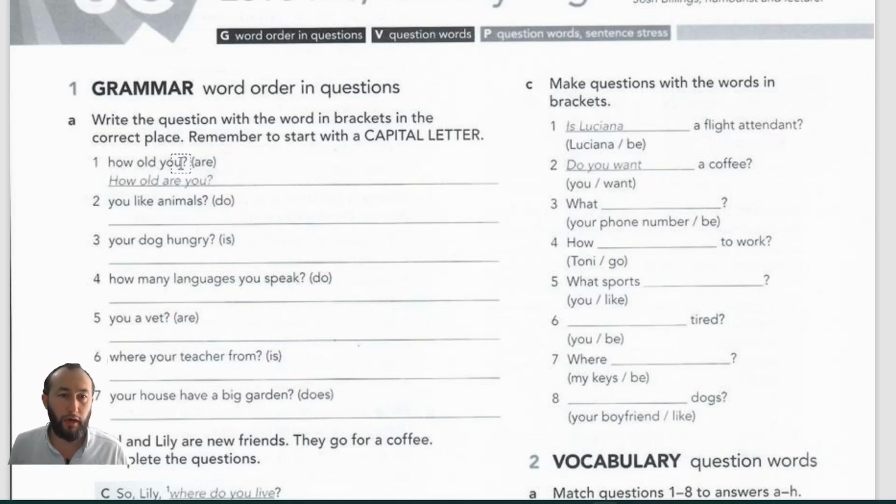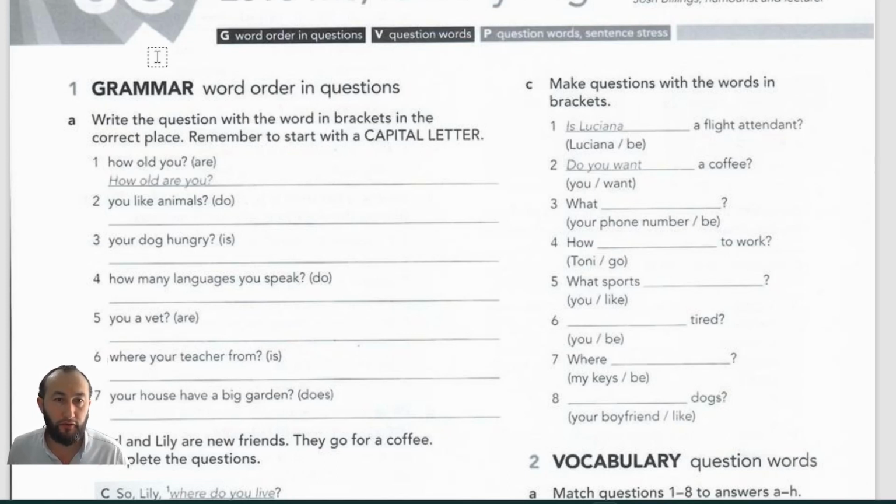How old are you? So are, how old are you? Usually we put auxiliary verbs. So the words in brackets, we call them auxiliary verbs. Auxiliary verbs are the verbs that we use to make questions. So they are helping verbs.